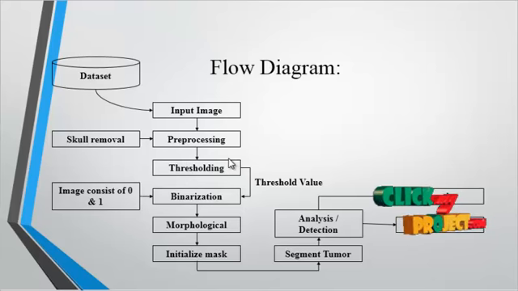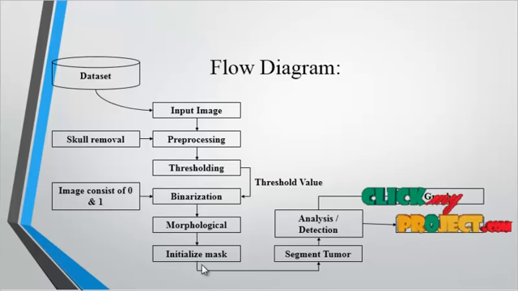By using this threshold value, we convert the normal grayscale image into a binarized image. That is, the image consists of only two values, the pixel value 0 and the pixel value 1. After the binarization, the morphological operation is carried out to detect the tumor region, as well as to segment the tumor region from the other backgrounds.